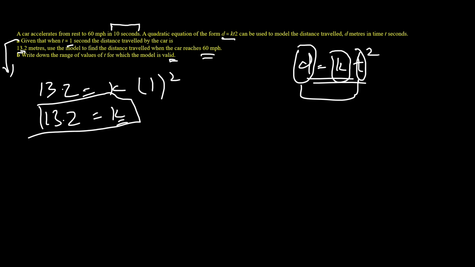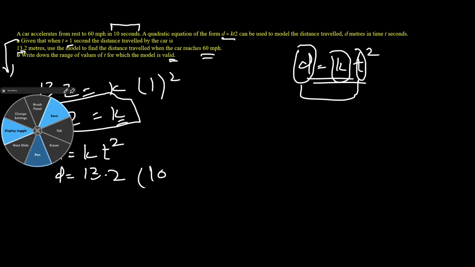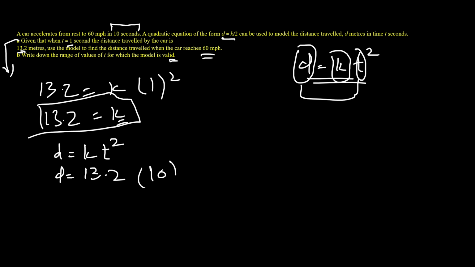So d is equal to kt squared. So d is equal to 13.2 times time is 10 seconds squared. So d is equal to 13.2 times 100, which is 1320 meters.